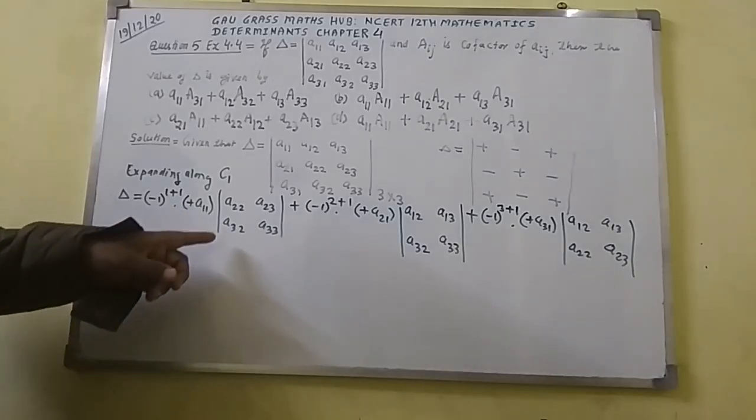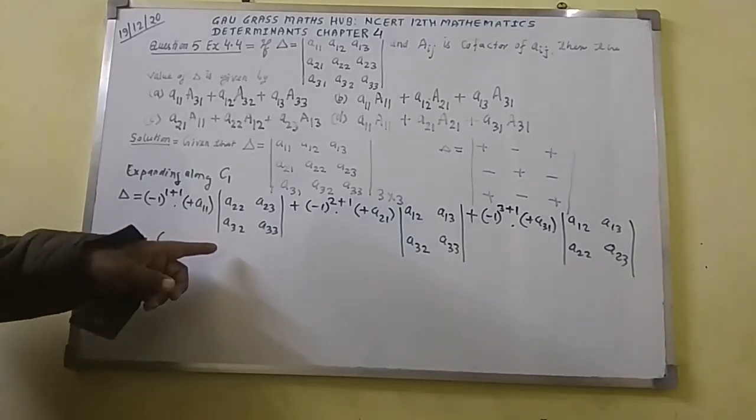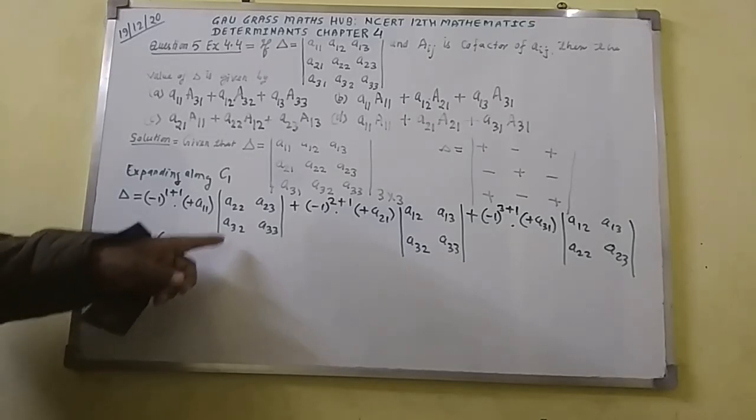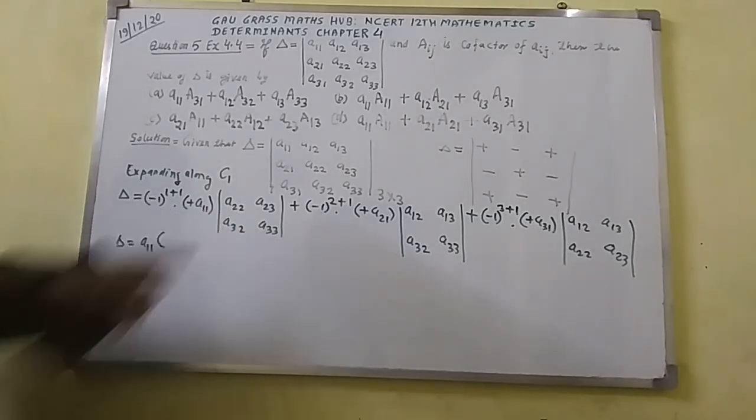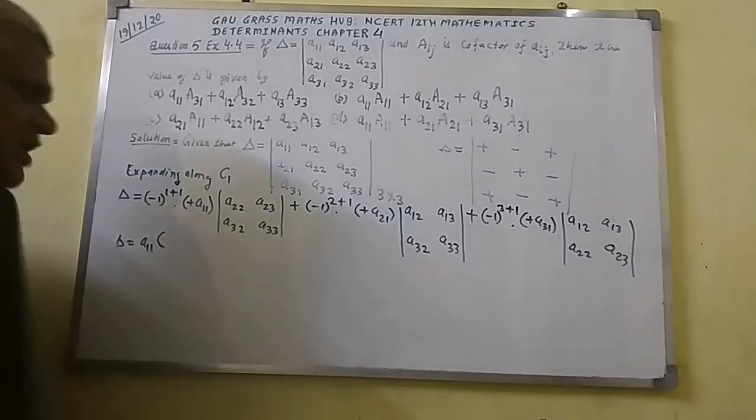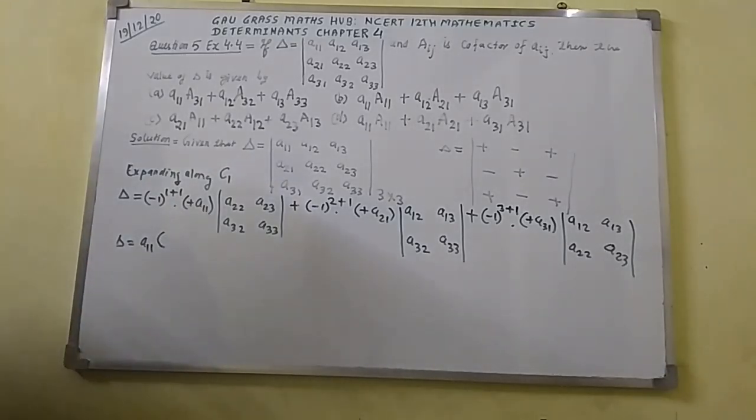Here in this minor, the elements of the principal diagonal are A22, A33. The elements of the principal diagonal will get multiplied together.